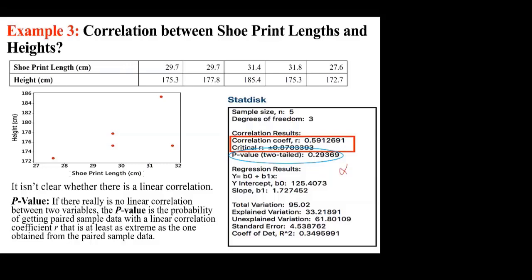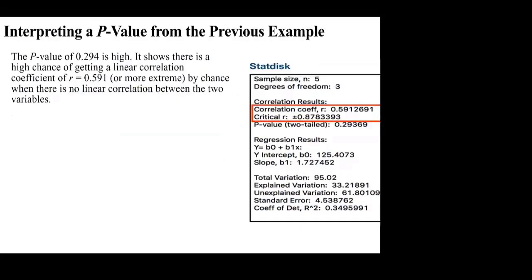If it's larger than that, you don't reject H0, which means there is no correlation. And if it's smaller than that, you reject the null hypothesis. That means there is a correlation. You don't have to worry about that as far as the exam is concerned. But I want you to see that here's the explanation.